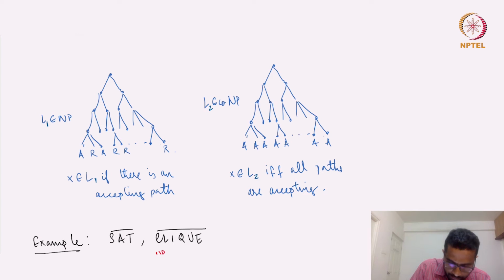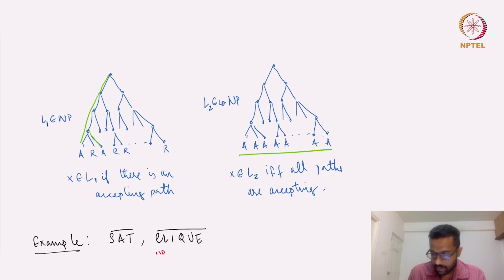It should have some accepting computation path. So there is one and there is another one. A language in NP has to have some accepting computation, whereas if a language is in co-NP, then we want all the paths to be accepting, as is written here. None of the paths should be rejecting.